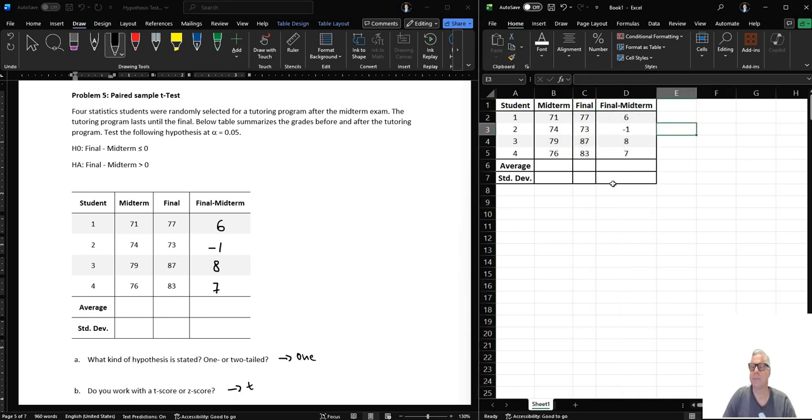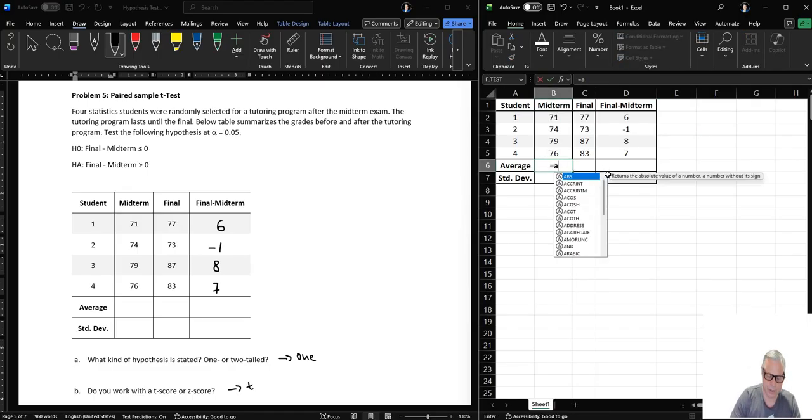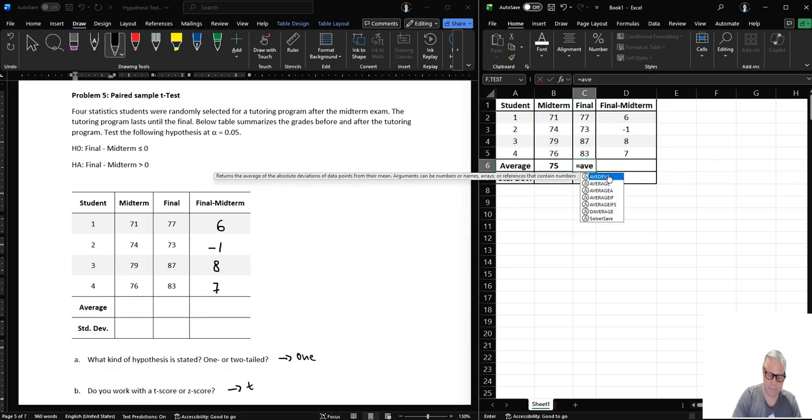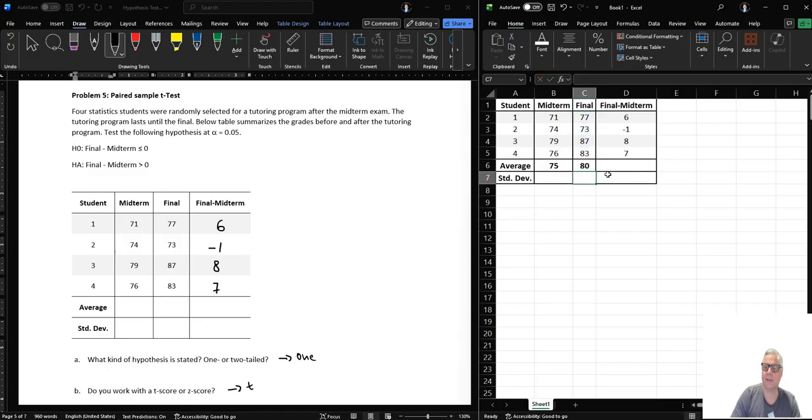Okay. So what we need is the average for each. So before the tutoring program, the average was 75. And after the tutoring program, the average seems to go up. That should be equal to the difference. So here we should also see a positive 5.